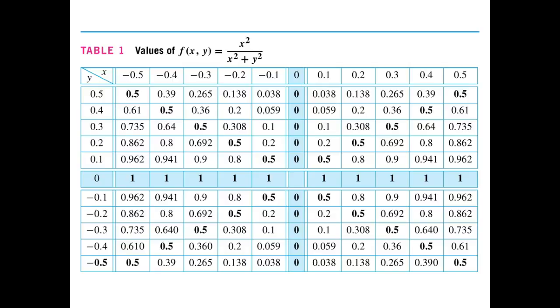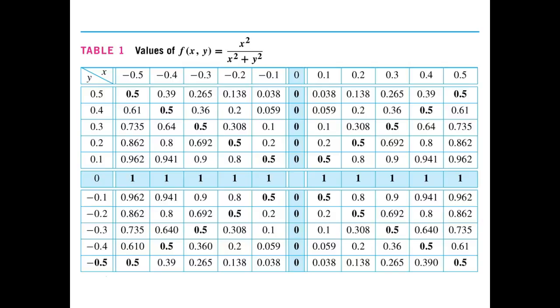And on the anti-diagonal, same thing, because if x is equal to minus y, it doesn't matter. This is still x squared over 2x squared. So 0.5 down here. Notice the values are always positive because everything's squared. So basically what you've got is a situation, as you're coming in this path, the limit looks to be 1.